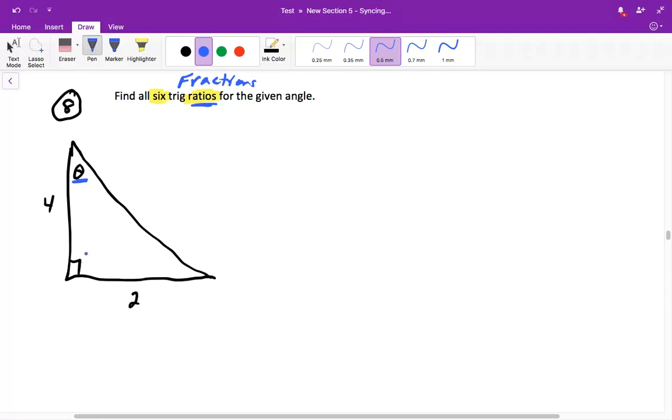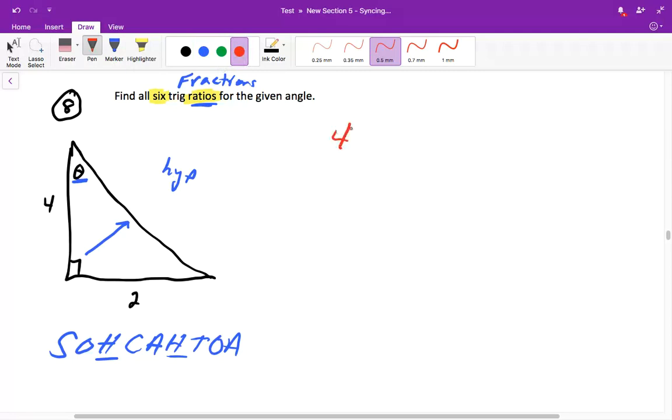Right? And before we can start solving for our trig ratios, we have to solve for our hypotenuse, because we know our trigonometry is going to use our Sohcahtoa. So if we are going to need our hypotenuse, we need to know what that answer is. So we're going to do that first over here, where I know my 4 squared plus my 2 squared is equal to my h squared.